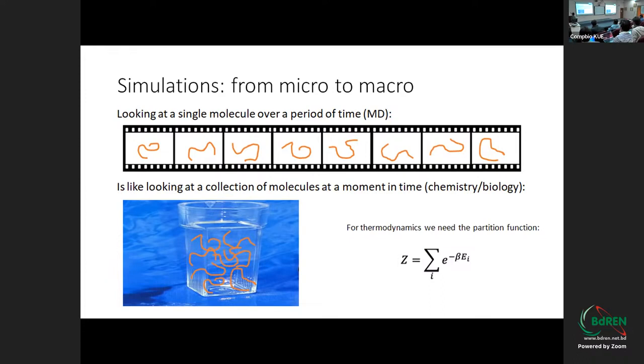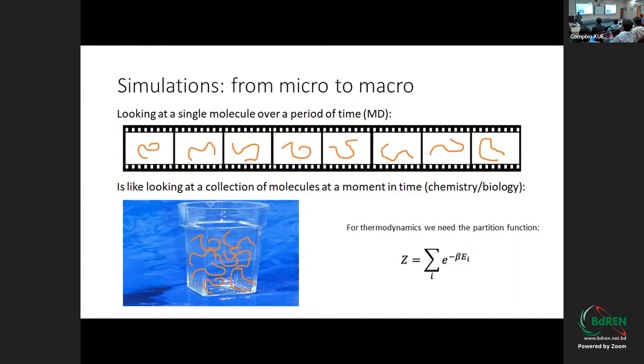And you can connect those to thermodynamics. We are not going to go into the details of thermodynamics, but if you want to discuss it, I can. The hope is there is an ergodicity theorem which says that if you watch a single molecule long enough, for infinite time, then if I have an Avogadro number of molecules in my solution, I can find the thermodynamical behavior of those molecules by just watching one molecule long enough.